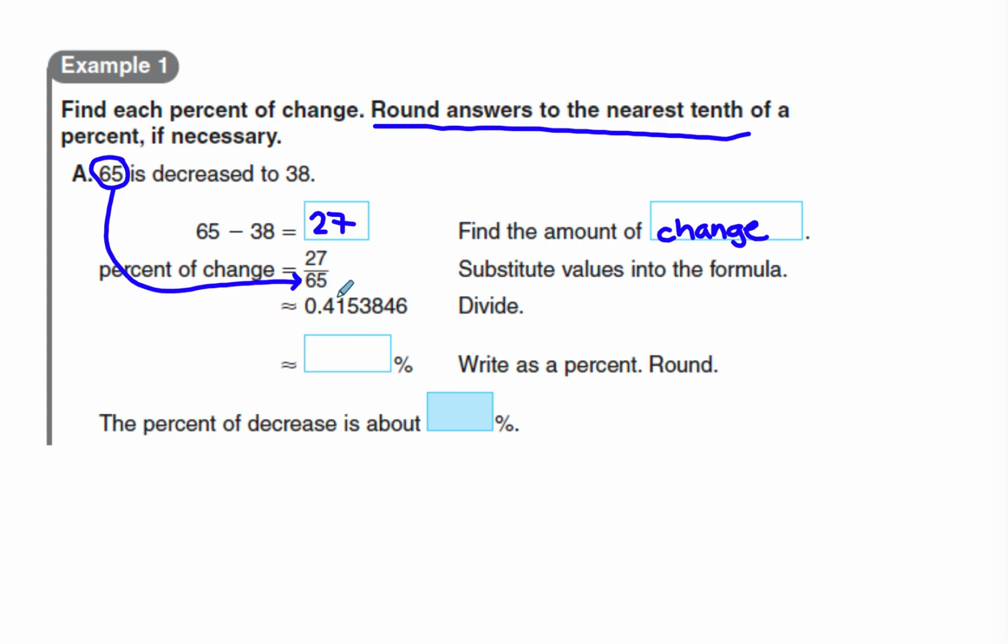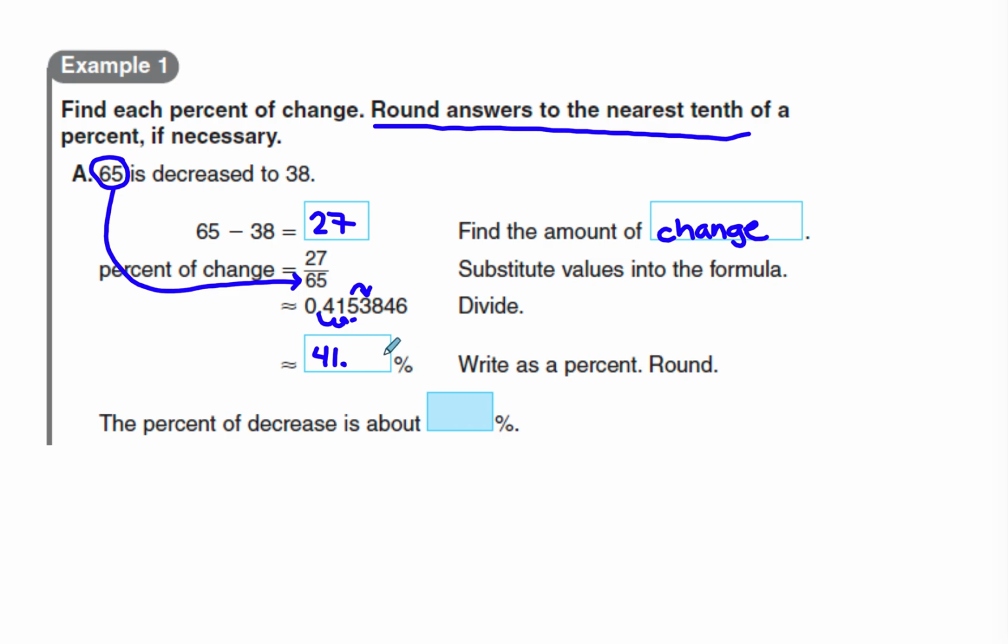I get 0.4153846. Got to multiply by 100 or move that decimal 2 places over to the right to make it into percent form, 41 point. And then we look at the next number, 5. And we have to decide 41.5 or 41.6. And we decide that by looking at the number after the 5. The number after the 5 is a 3.